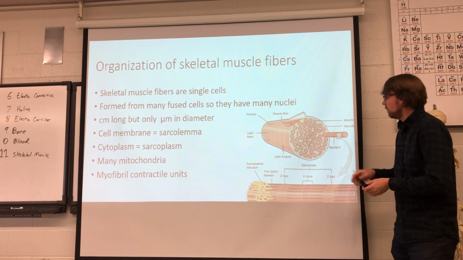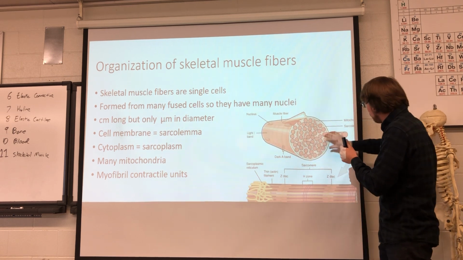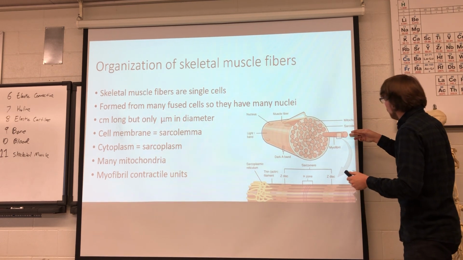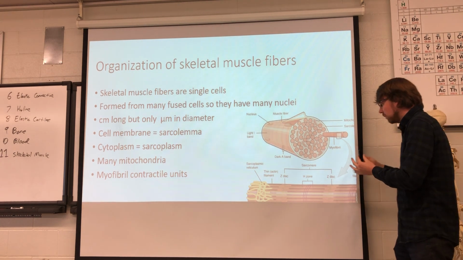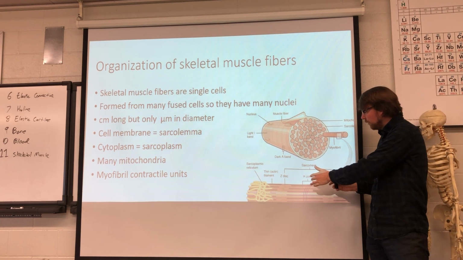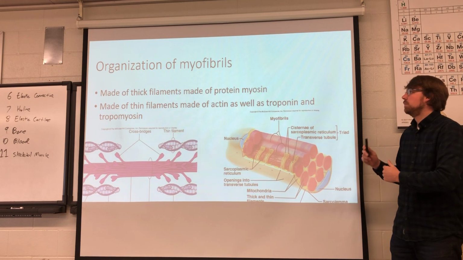So, within a muscle fiber, there are these tubular groups of protein called myofibrils. They then are broken into sarcomeres.